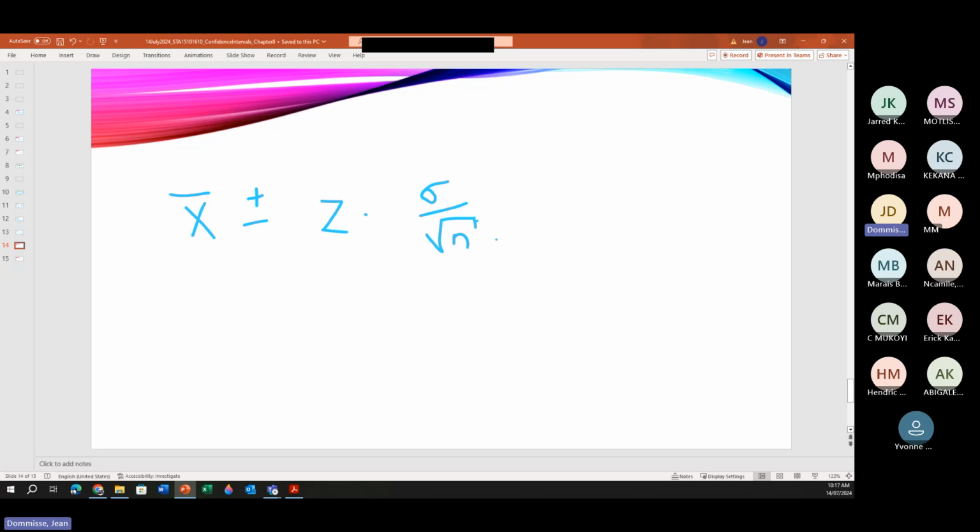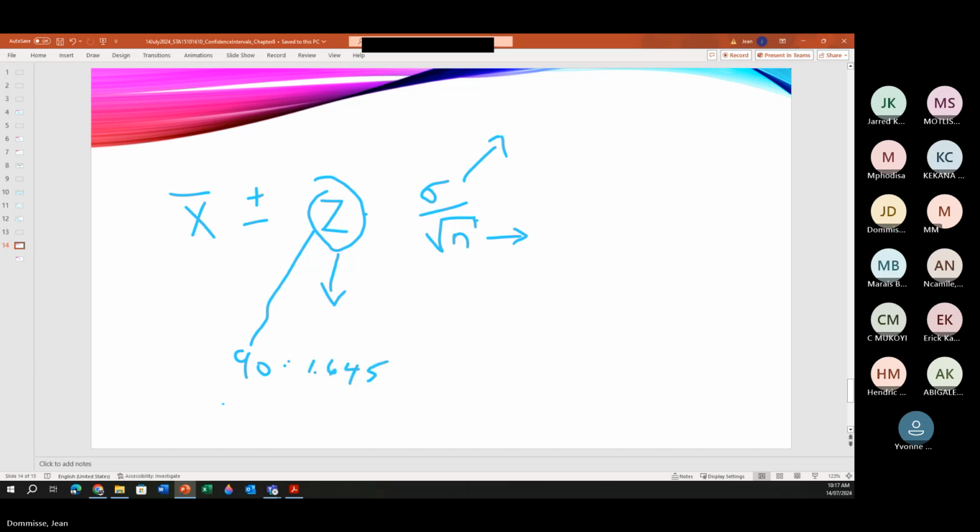So we already said what will happen when we work with n. We now already said what will happen when we work with the standard deviation. But there's also a Z. So Z90 is 1,645. 95 is 1,96.